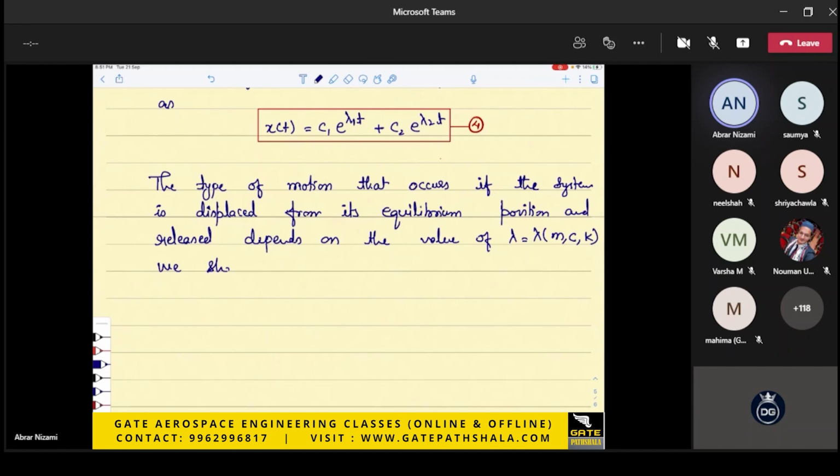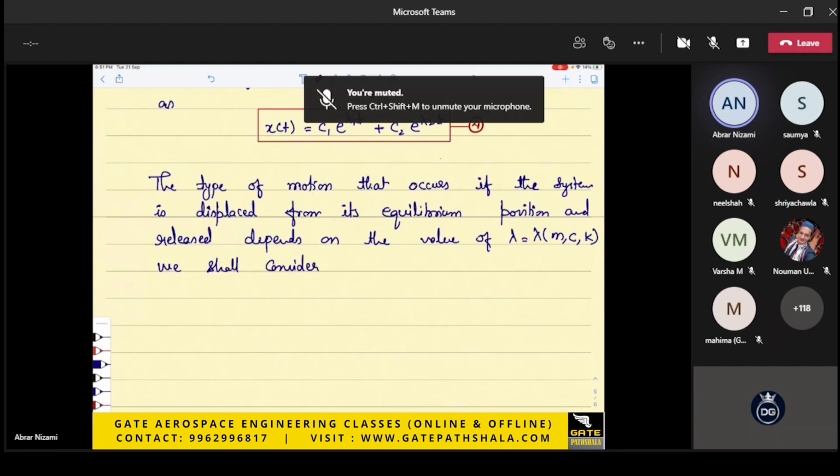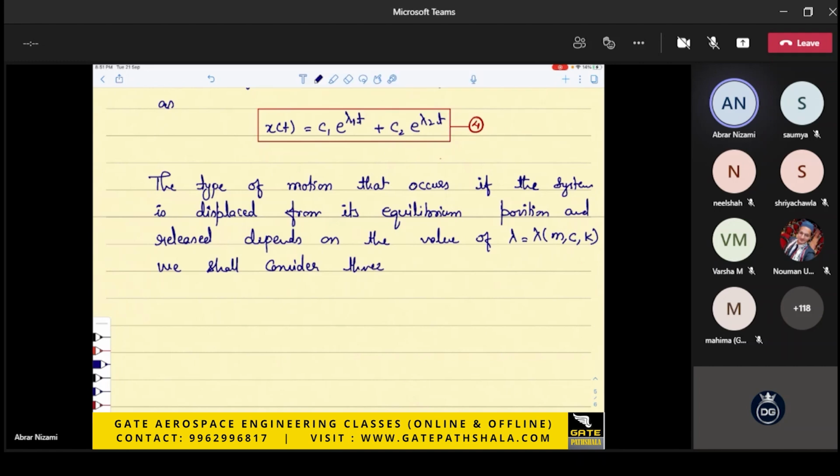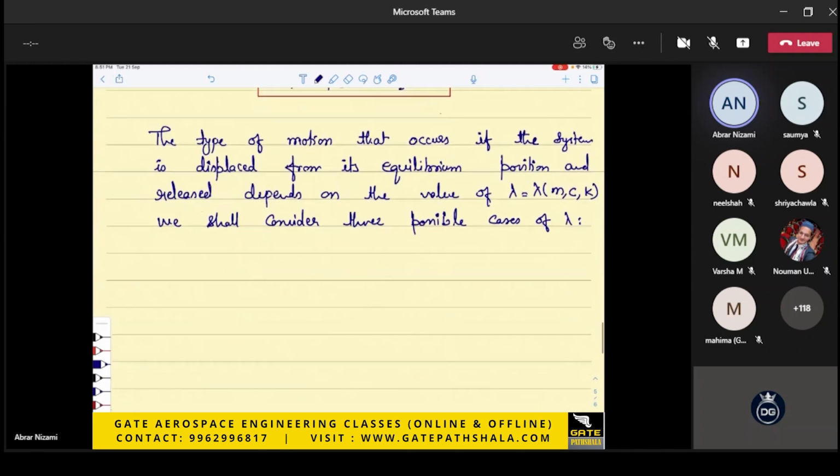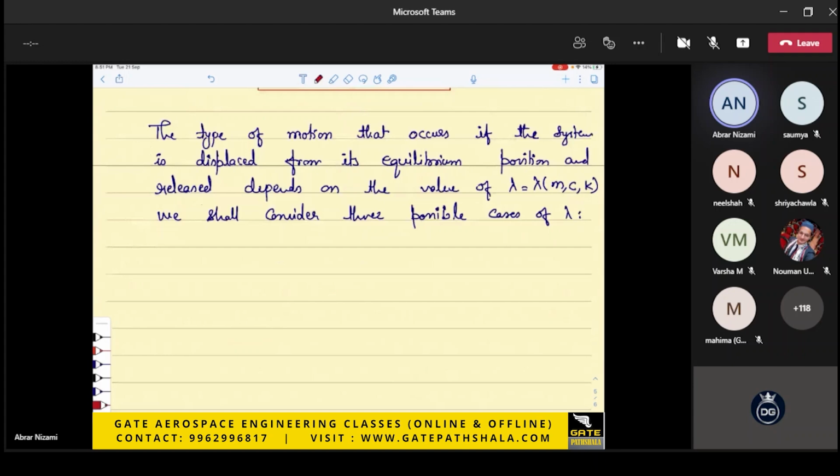We shall consider three possible cases of lambda. Write case 1.